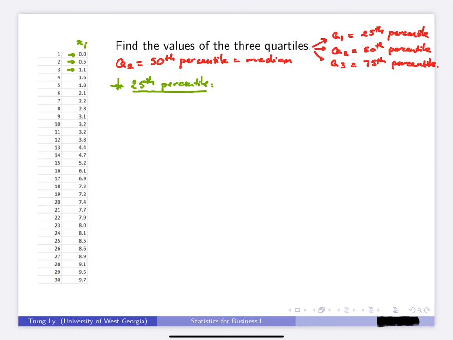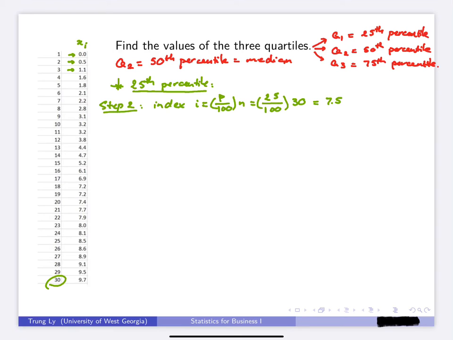Now we want to find the index I. The index I in this case is going to be P divided by 100 times the number of observations, so P over 100 times N. P in this case is 25, divided by 100, times the number of observations. Here we have a total of 30 observations. If you do the math here, this gives you 7.5.